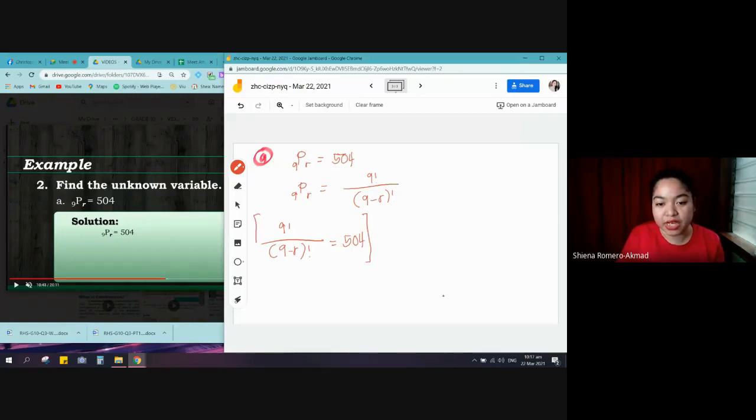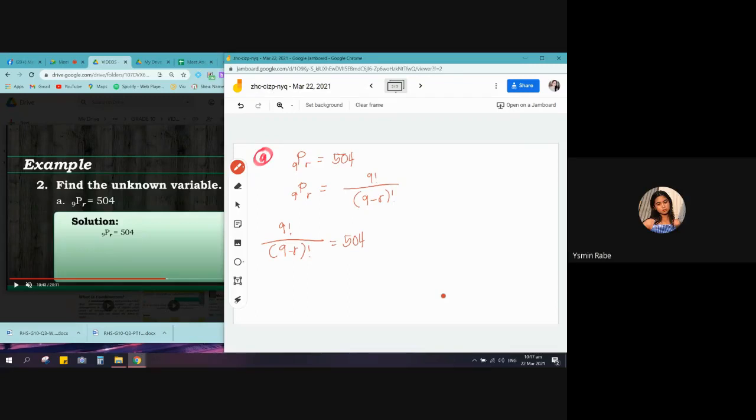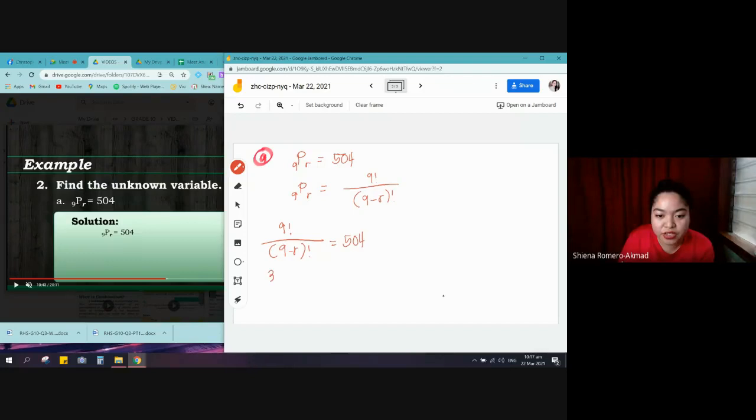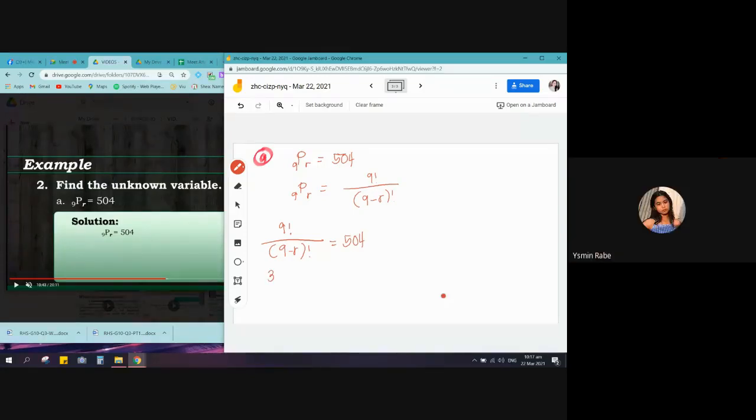Multiply natin siya both sides by 9 minus r factorial. Pwede natin gawin to. But what is 9 factorial muna, bago natin siya i-divide? What is 9 factorial? 362,880.